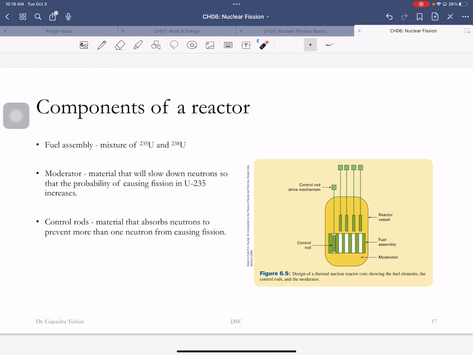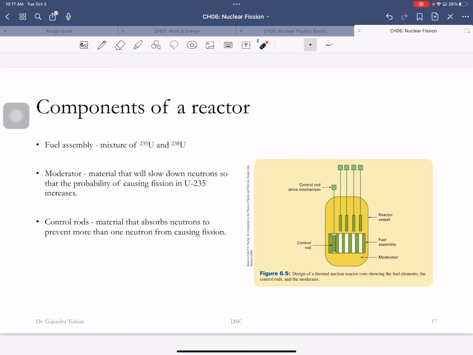Now, you have a whole bunch of ping pong balls, and then a bunch of other ping pong balls, blue ping pong balls and red ping pong balls. When blue ping pong balls are moving fast and these red ones are stationary, when a blue one bounces off a red one, it will transfer energy to it, and that will slow it down.